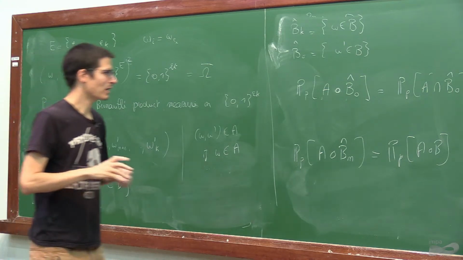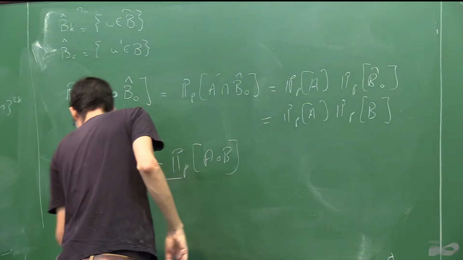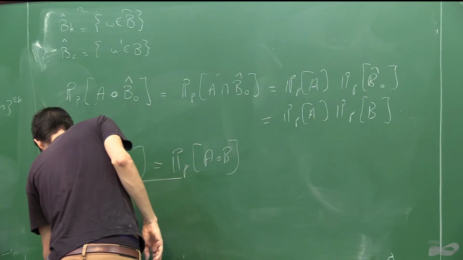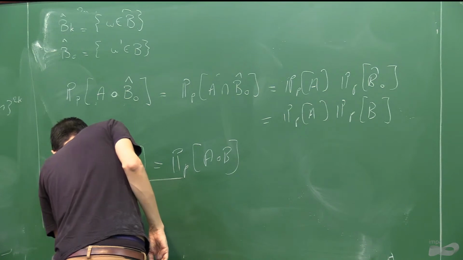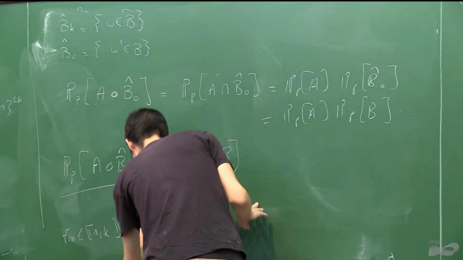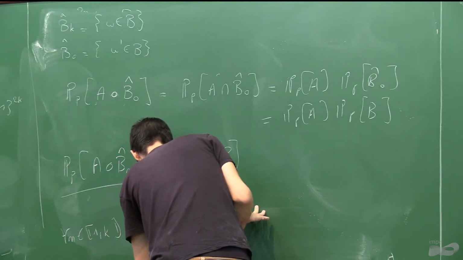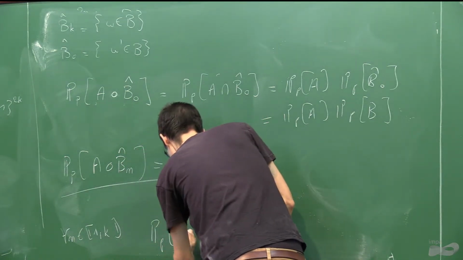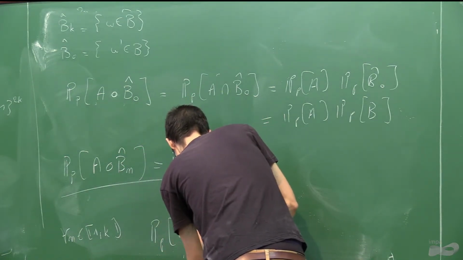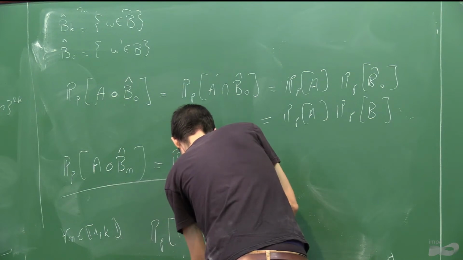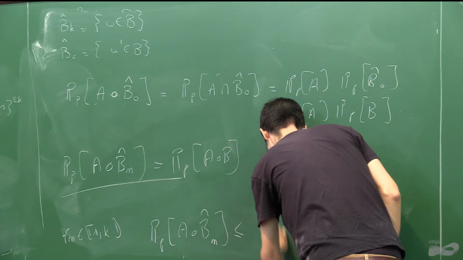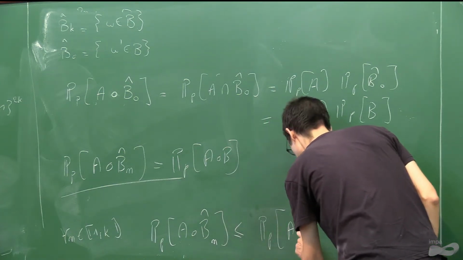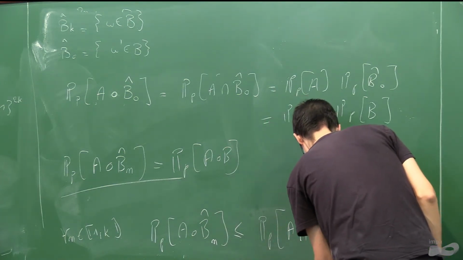Okay, and what we are going to prove is that for all n in 1 to k, we have PP A circle Bn is smaller than PP A circle B n minus 1.